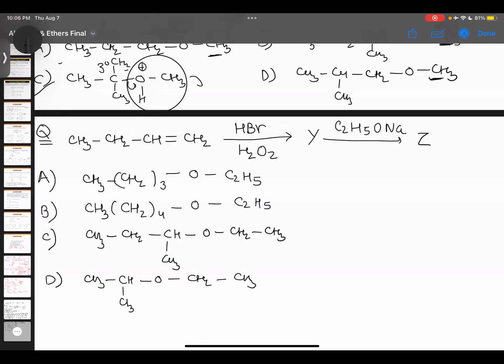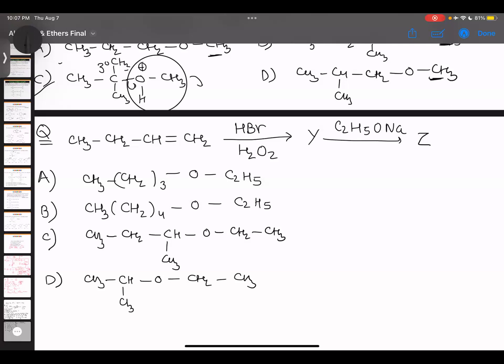Be careful in counting the number of carbon atoms. So what should be the answer? Jaslin, just try it and let me know.